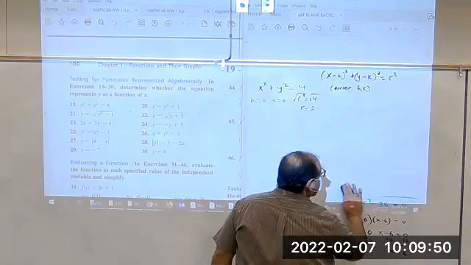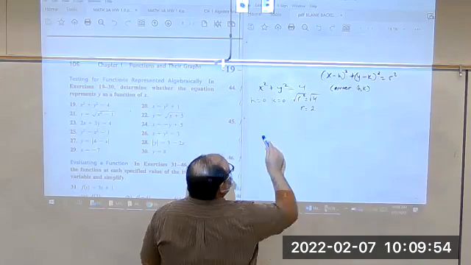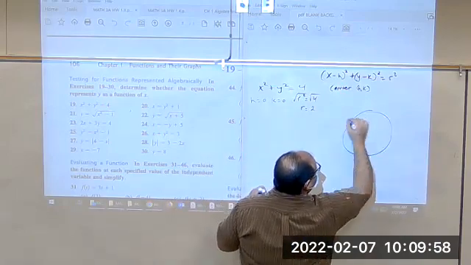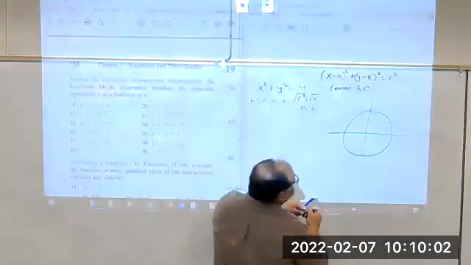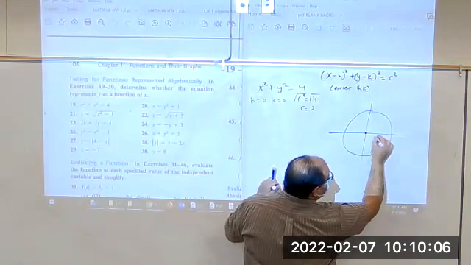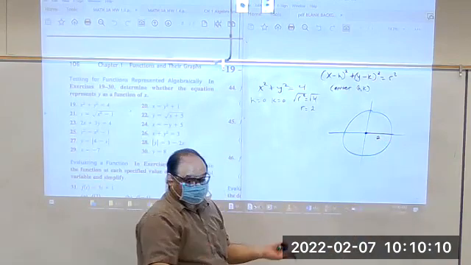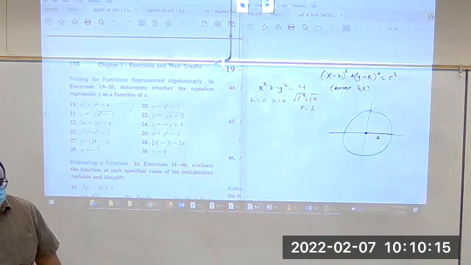I'm just giving you what's going on, why it's going to be, and it's going to look like this. The radius is a 2. So you've got the center 0, 0. This radius is a 2. It looks like that. So you can see, because it's a circle.